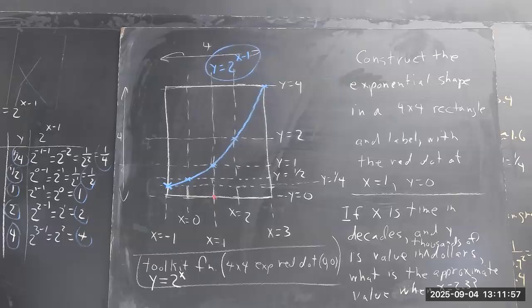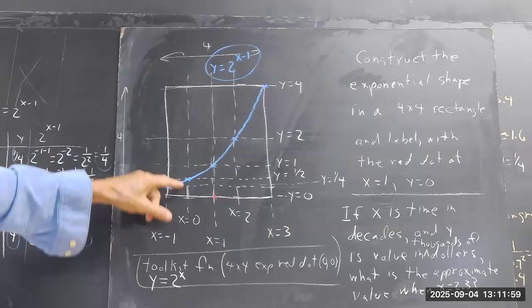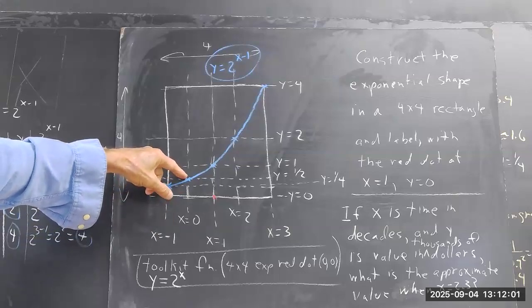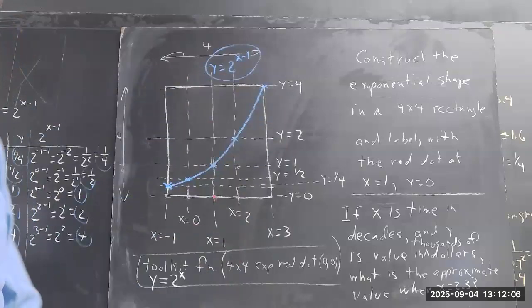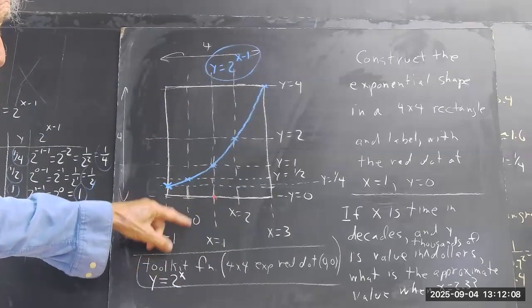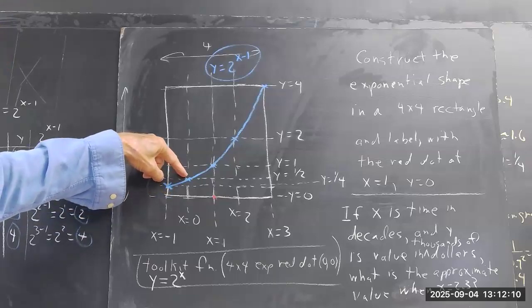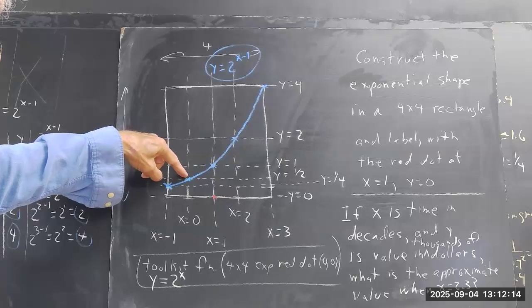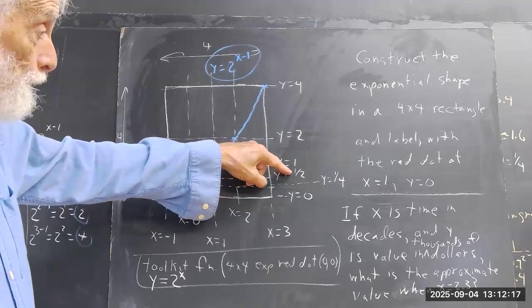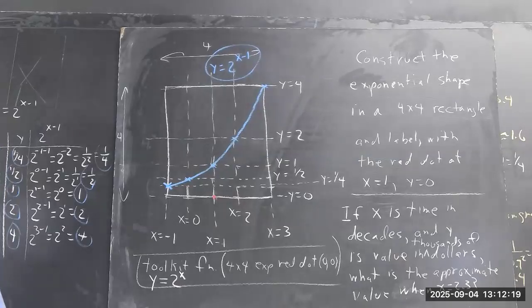So anyhow, how much did you invest today in order to have $4,000 30 years in the future? Well, today is at x equals 0. There's the x equals 0 point, right? How many dollars is that? Well, that's $500. That means your money will be worth 8 times as much. At least the dollar value will be 8 times as much. We don't know what it's going to be worth.